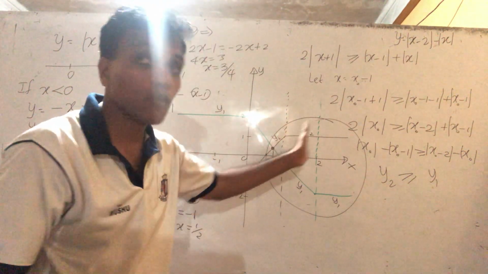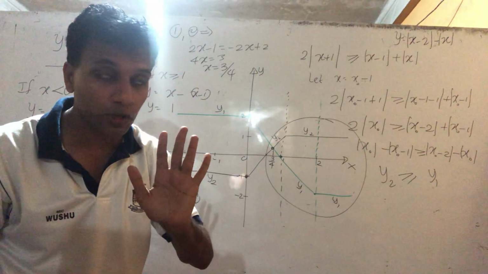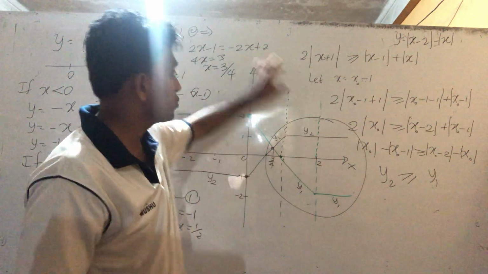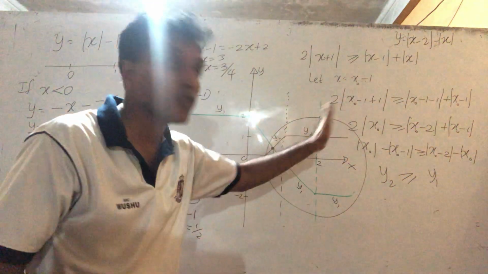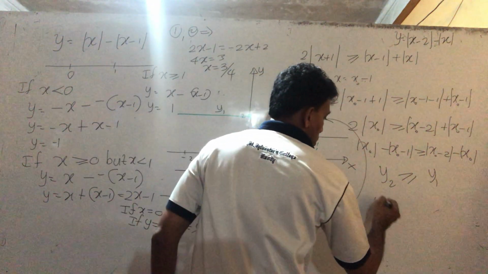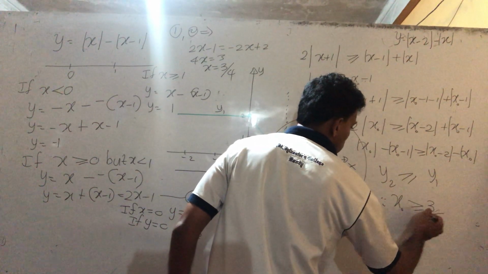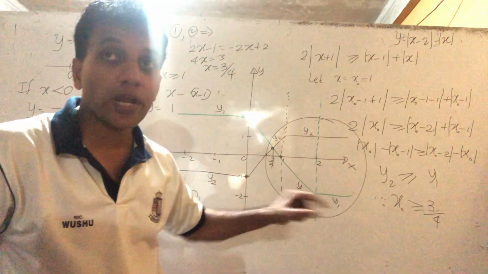More than 3 over 4. x naught, not x, very important. You imagine that is the x naught axis, and this is y or y naught. Therefore x naught is more than or equal to 3 over 4, which is the solution for my substituted x naught.